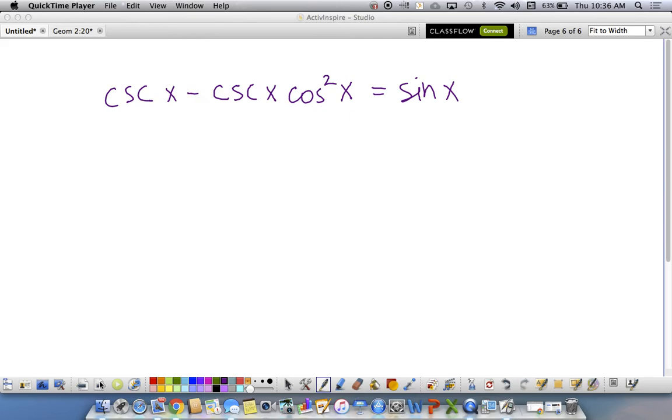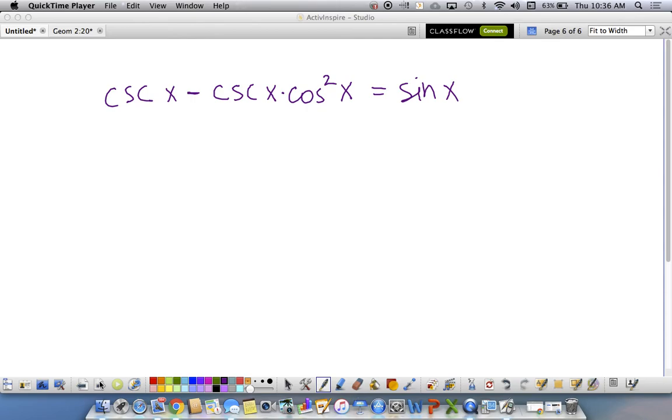Several things you can do here. For just separating it, is it cosecant x minus cosecant x times cosine?